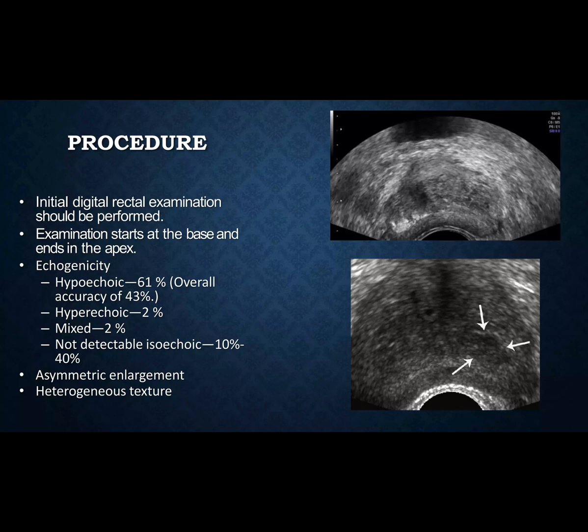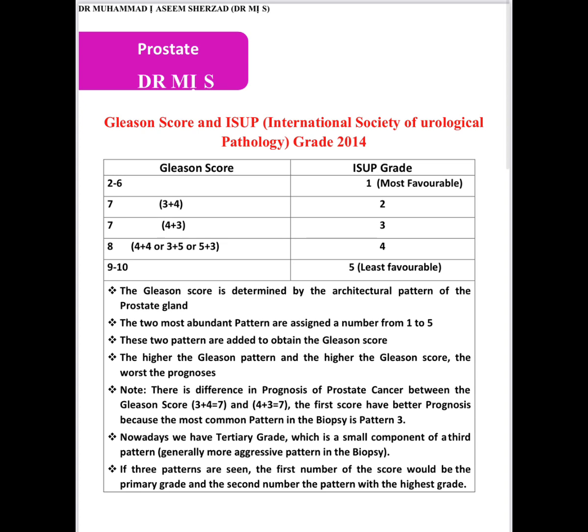The differential diagnosis of a hypoechoic lesion on TRUS can be granulomatous prostatitis, lymphoma, prostatic infarct, or BPH nodule. What are the other indications for transrectal ultrasound? We can use it for prostatic cyst, Mullerian duct cyst, seminal vesicle cyst, and ejaculatory duct cyst.